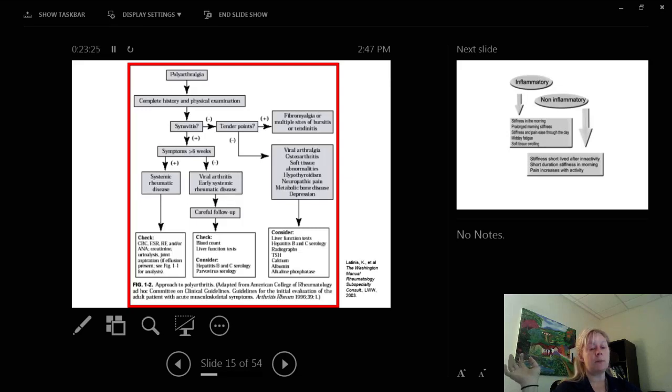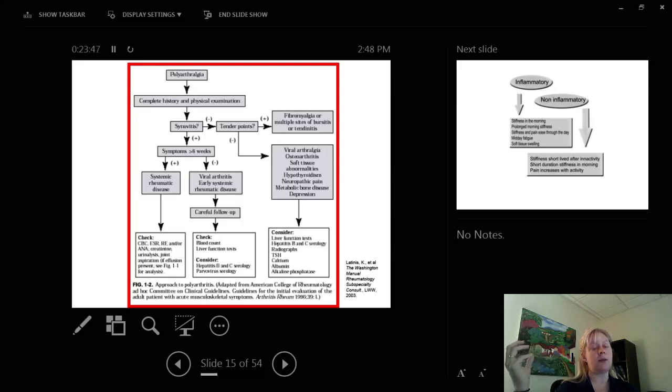Rheumatoid factor, the specificity isn't very high for it, but it's part of the workup. I also want you to write down the anti-CCP antibody. It's an antibody that's very specific to rheumatoid arthritis. And if that's elevated, the sensitivity is very high on that.